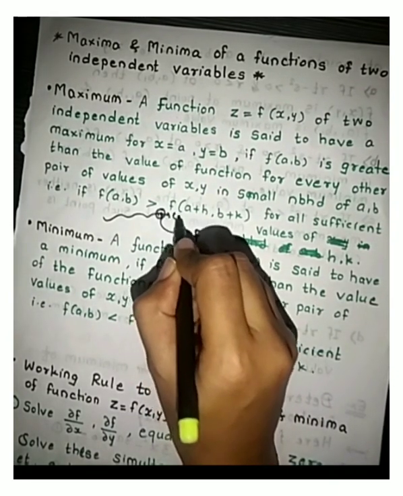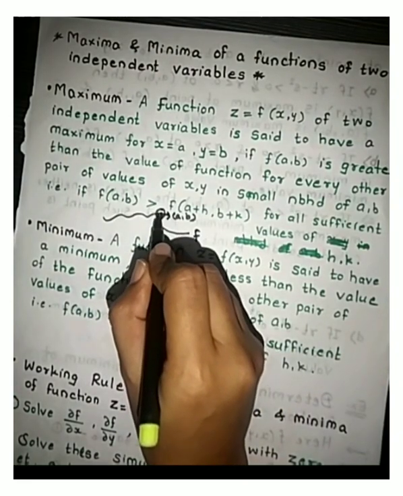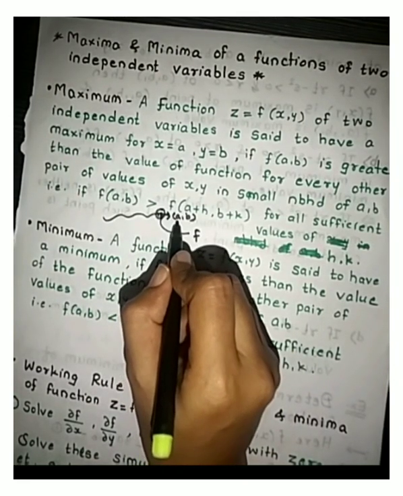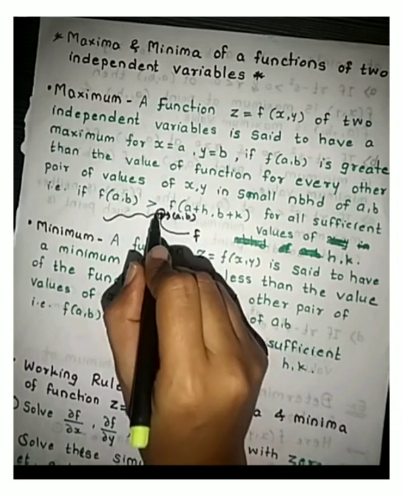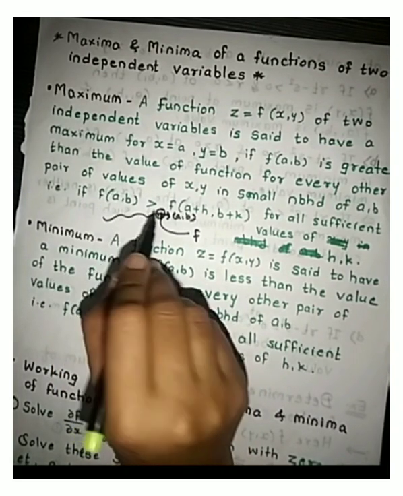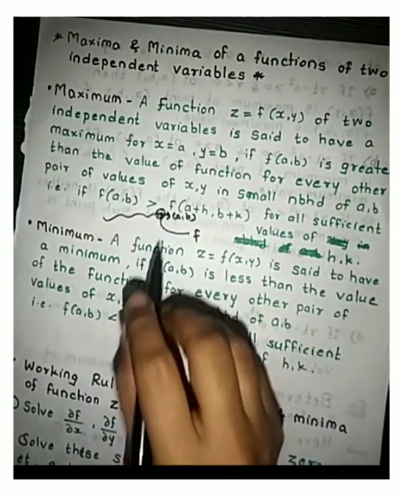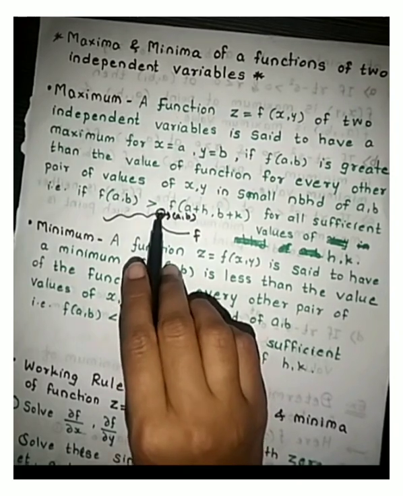Let this be the point a, b, then all the points in the neighborhood of a, b have less value than f of a, b. It means f of a, b is greater than f of a plus h, b plus k. So this is the point of maximum.